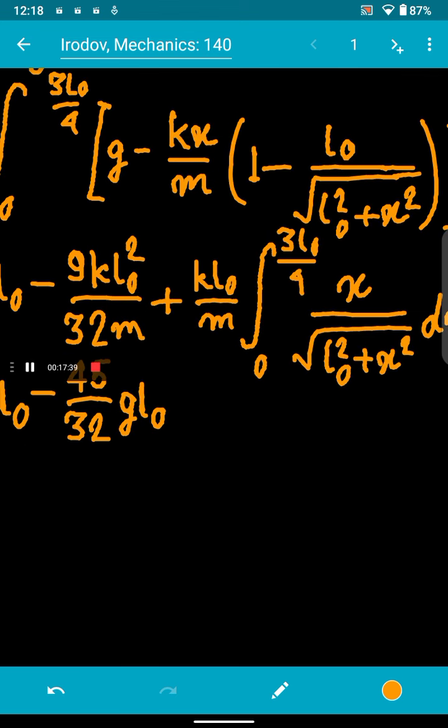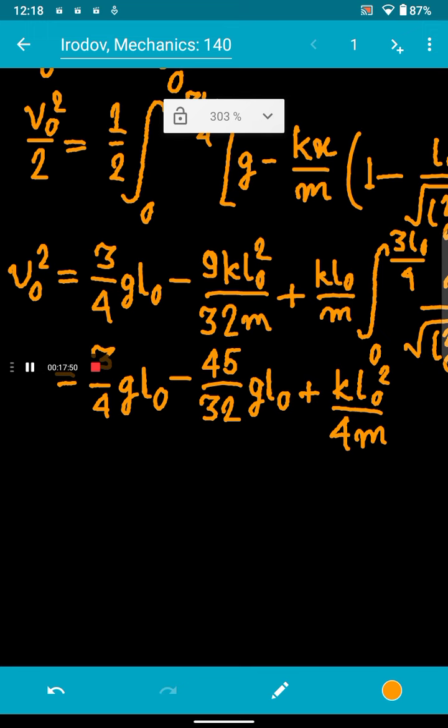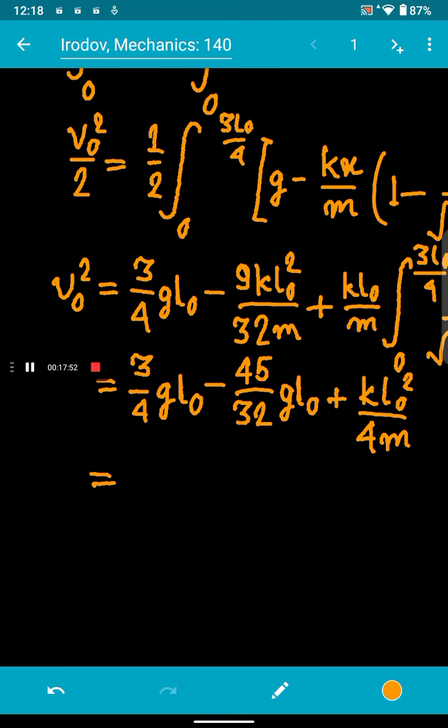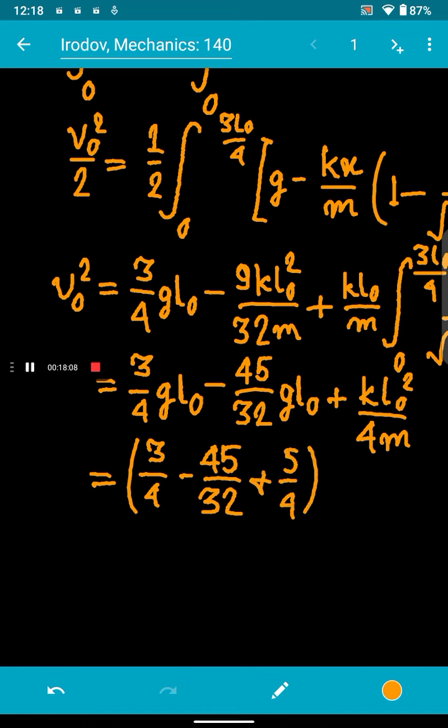Okay, so this is plus, I am directly writing, KL0 square by 4m, and KL0 square by 4m will be basically what? This is 5, so this will be 5 by 4 GL0, so we have almost obtained our answer. 3 by 4 minus 45 by 32, so this will be 5 by 4 into GL0.